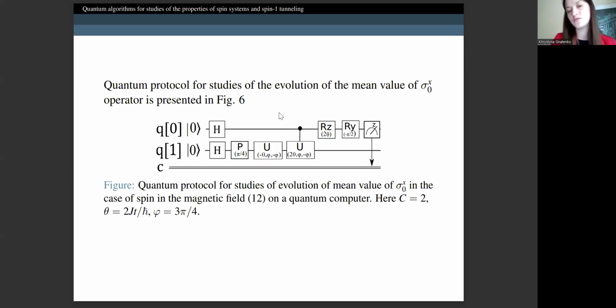This is the protocol for this study, so we used a controlled unitary operator and also a phase gate. This is because of gate identities we found during our research studies. And this protocol was considered to study the energy levels of this spin system.